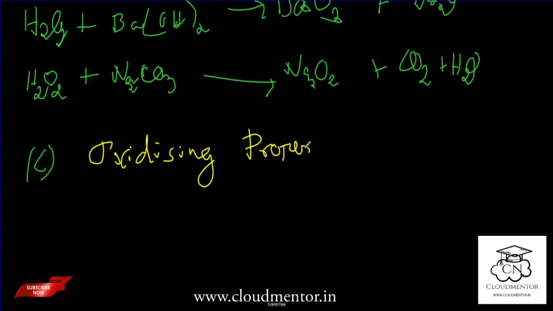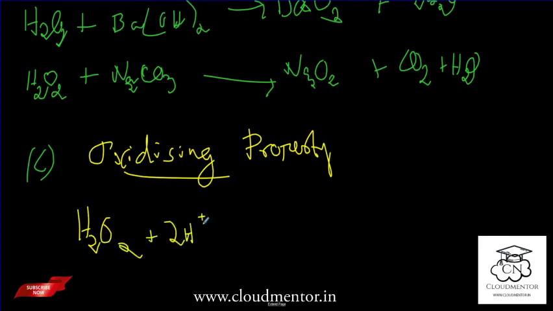The oxidizing property of H2O2: H2O2 is a strong oxidizing agent and it accepts electrons easily and itself gets reduced in alkaline as well as acidic medium, like H2O2 plus 2H+ plus 2 electrons giving 2H2O.